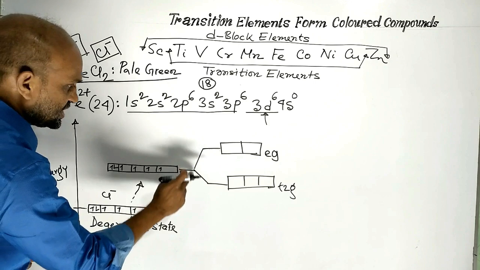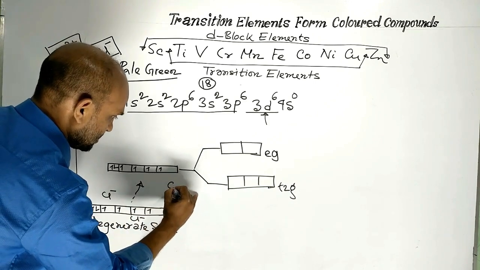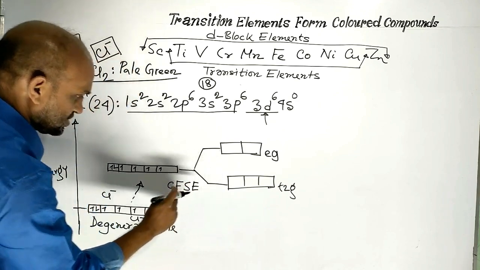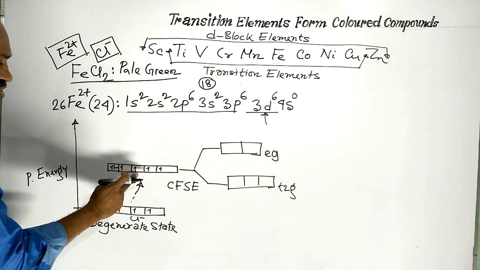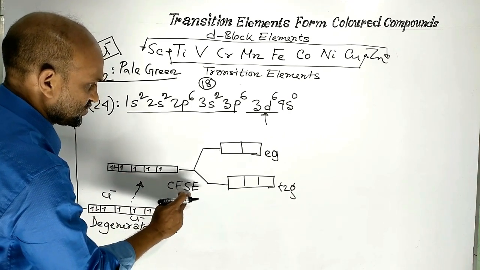This splitting of d orbitals is known as the crystal field splitting effect.